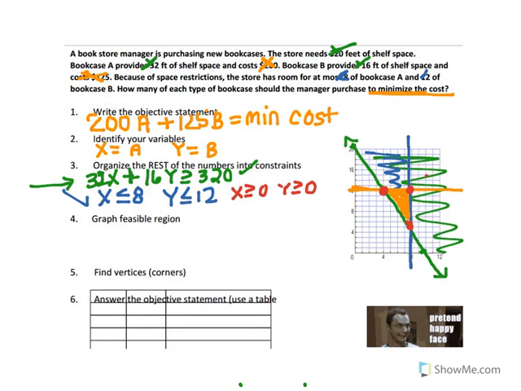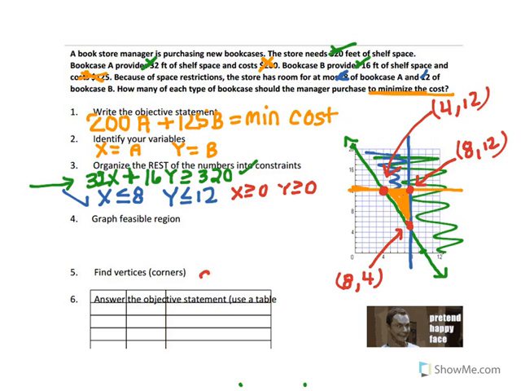From my graph, my points of intersection, this one would be 8, 12. That one right there looks like it's 8, 4. And I have one last point of intersection up here, and that looks like it is 4, 12.